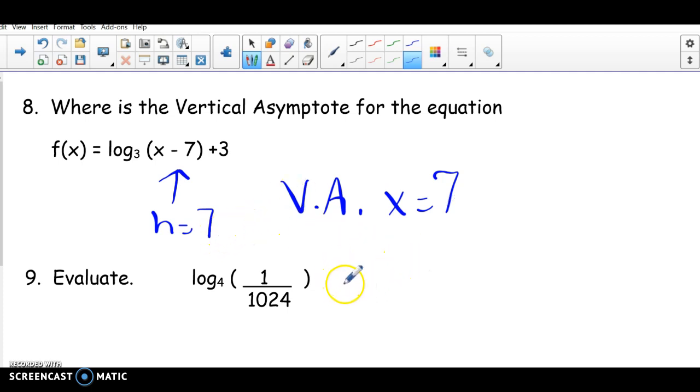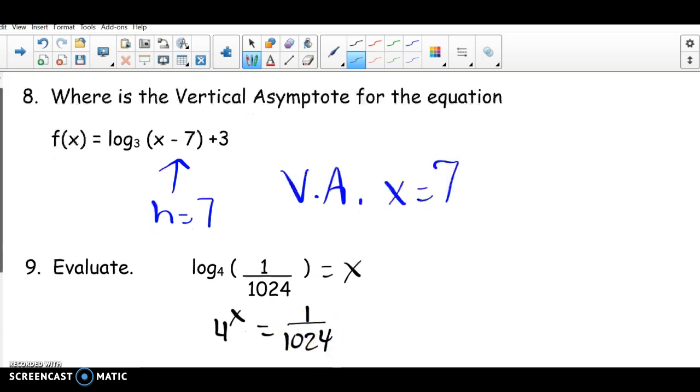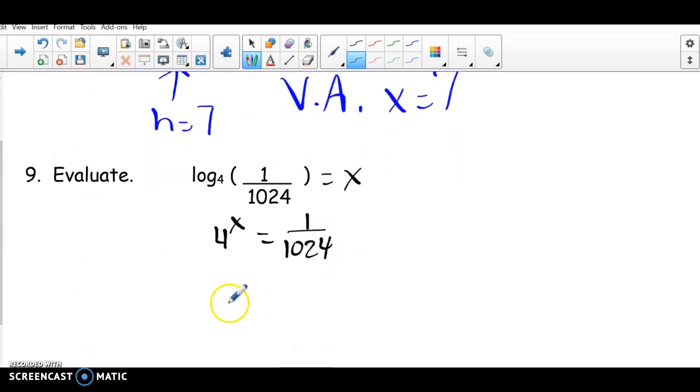For these, whenever you're asked to evaluate and you don't have an equal sign, remember you're going to set it equal to x. And then you write it as a power, so you have 4 to the x power is equal to 1 over 1024. So we need to write this as a whole number. So I have 1024 to the negative 1.